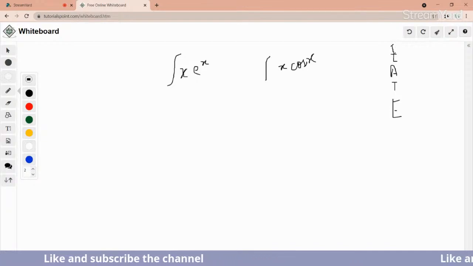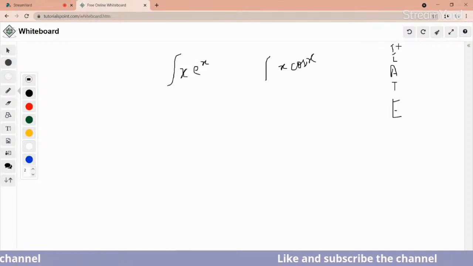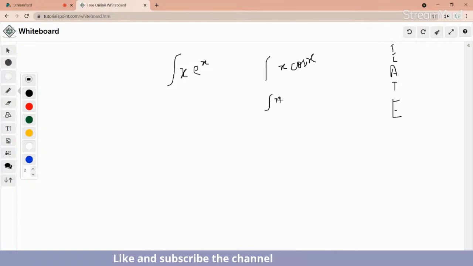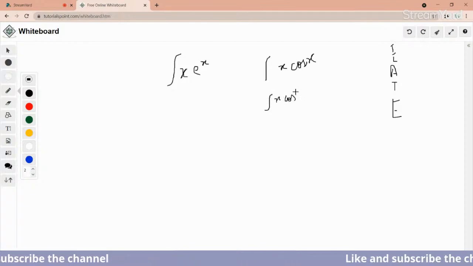Okay, sorry for the glitch, it was a technical glitch in between, so there was a pause. So inverse, it can be like this also, x cos inverse x.